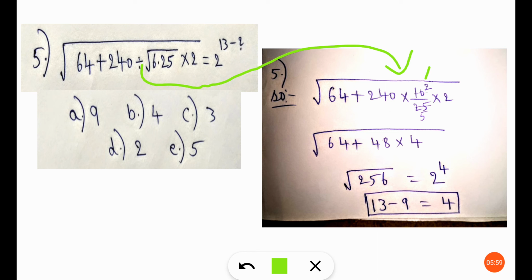So 10 by 25. After all the cancellation, we get square root of 64 plus 48 into 4. And square root of 256 is 16. 16 can be written as 2 to the power of 4. 2 to the power of 13 minus something gives 13 minus something equal to 4. That something is 9. Option A is the right answer.